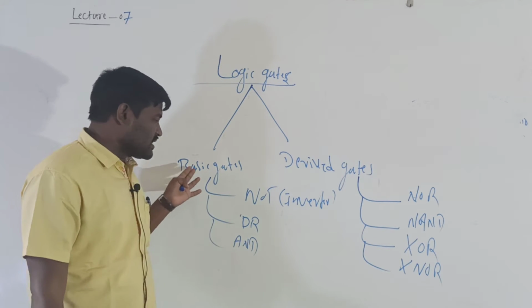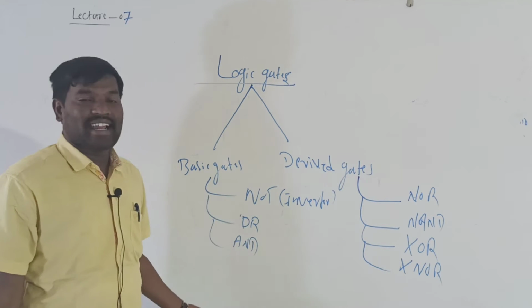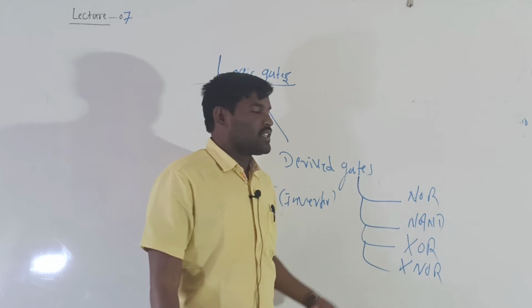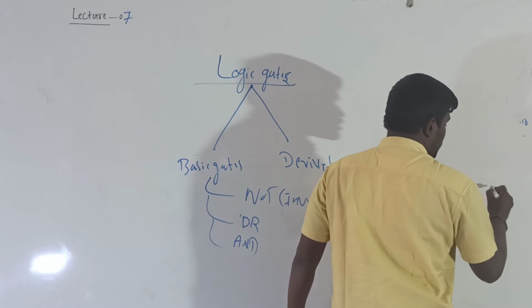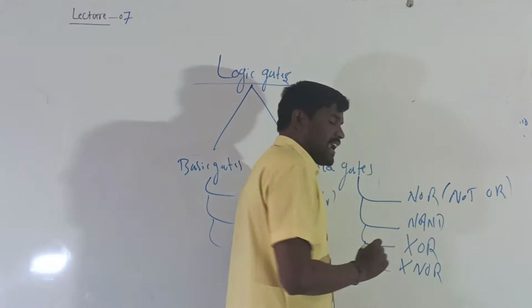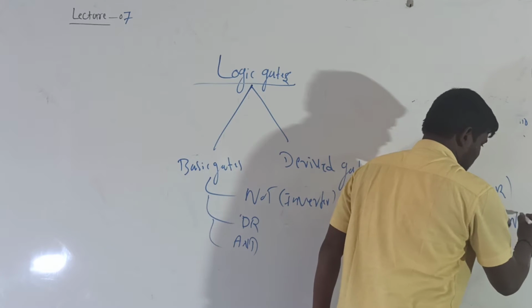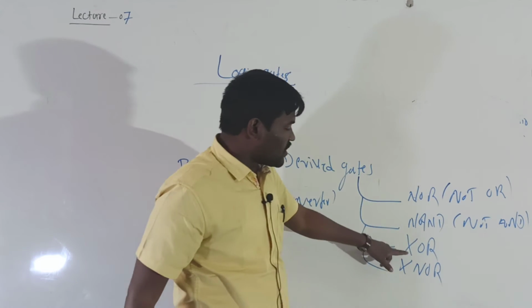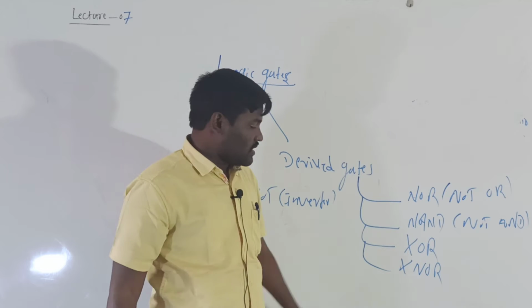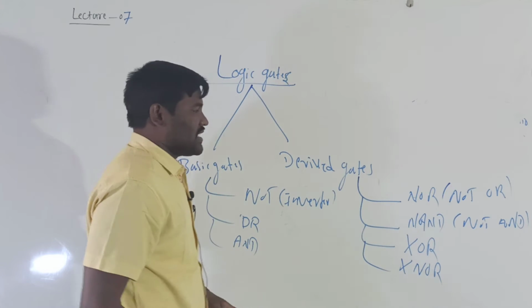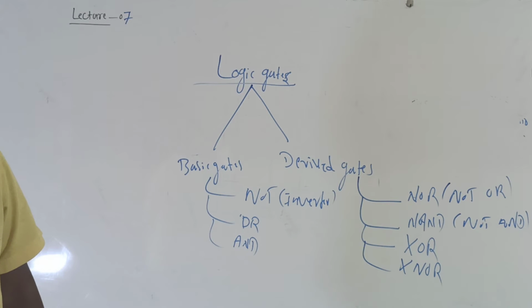In the basic gates there are three types: NOT, OR and AND. In the derived gates there are four types. First one is NOR, where NOR indicates not of OR. NAND means not of AND gate. XOR means exclusive OR. XNOR means exclusive not OR gate. So there are four types.